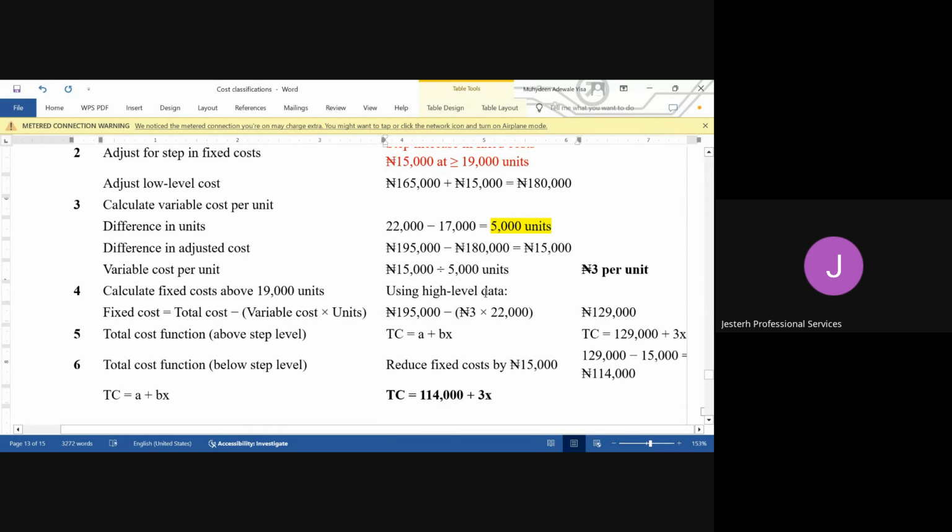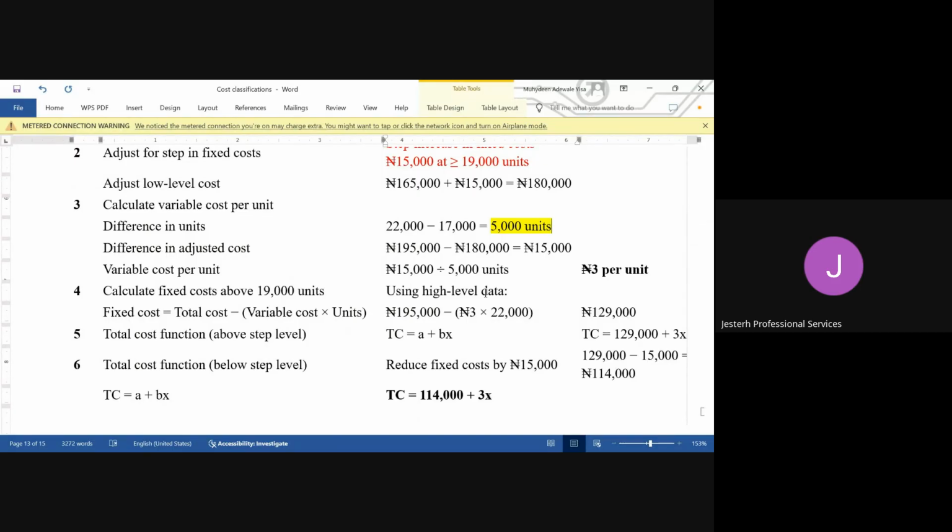How are we going to do that? The first one, we want to calculate the total cost if our level of activities is above 19,000. Now, in this aspect, we are only going to focus on the high level of activities that they give us in the question. Our high level of activities in this one is 22,000 units with the associated cost of 195,000.